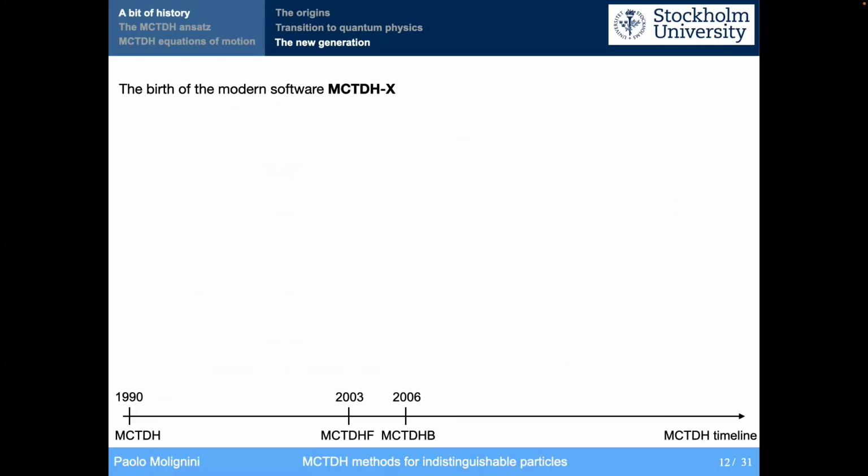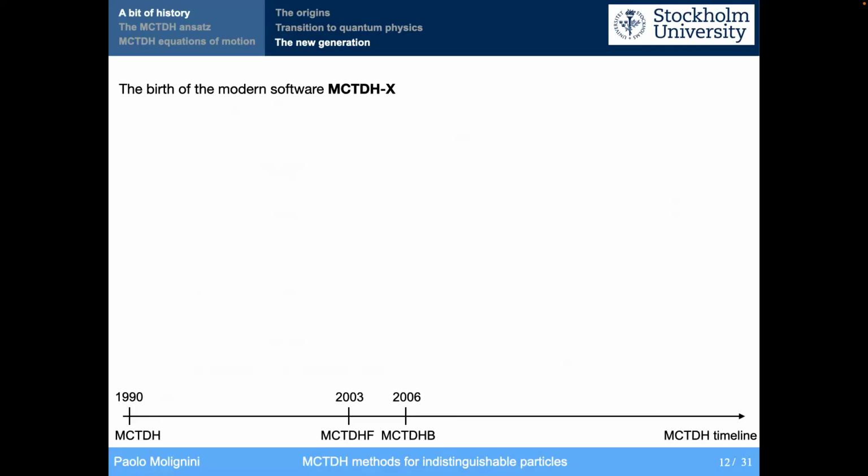So just a brief recap, it started in the 90s in quantum chemistry, then in the 2000s it moved to quantum physics with MCTDH-F and MCTDH-B later on. But then every one of these people developed their own software. And so there was not a lot of intercommunication between them.